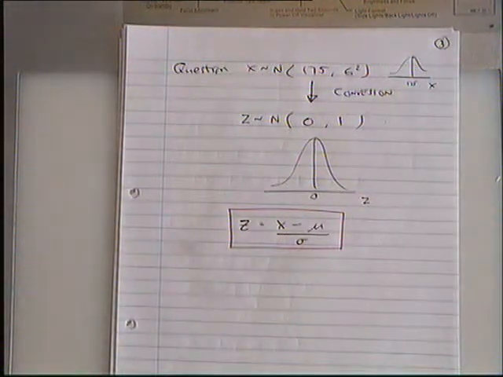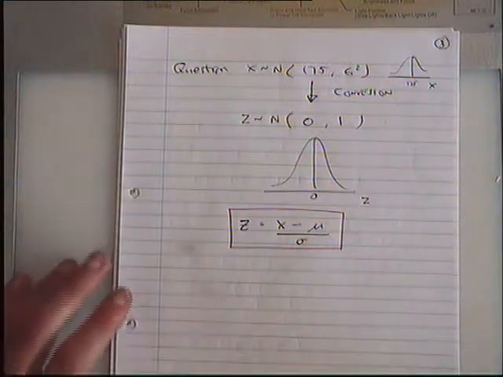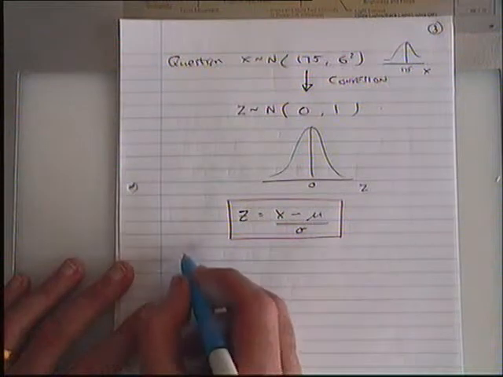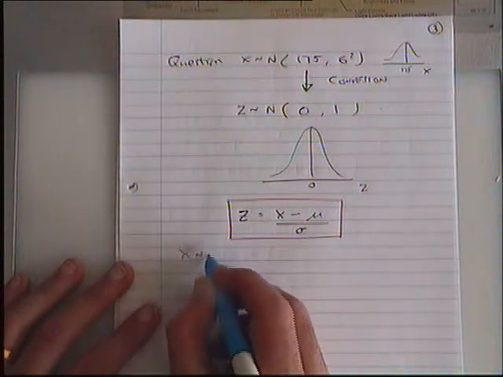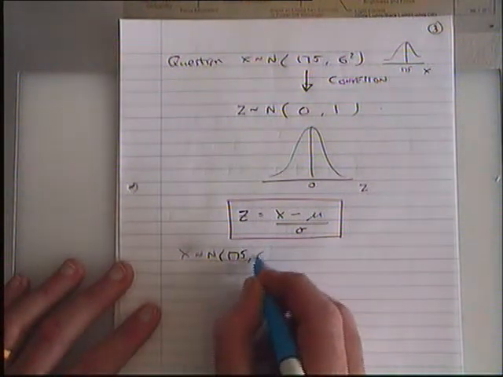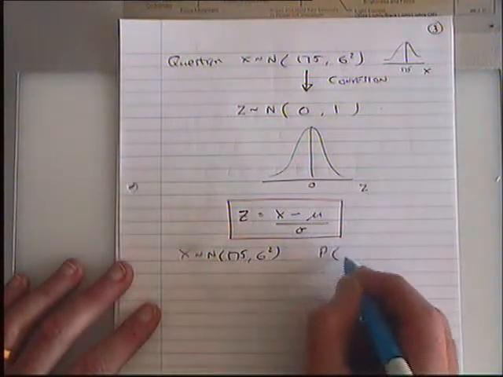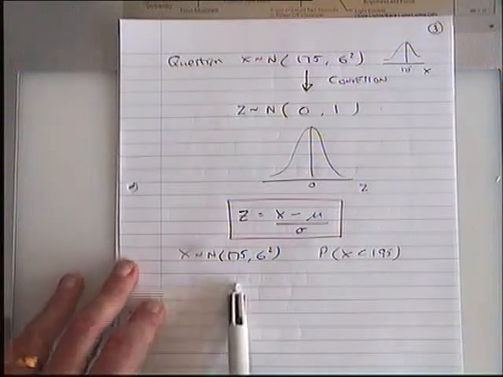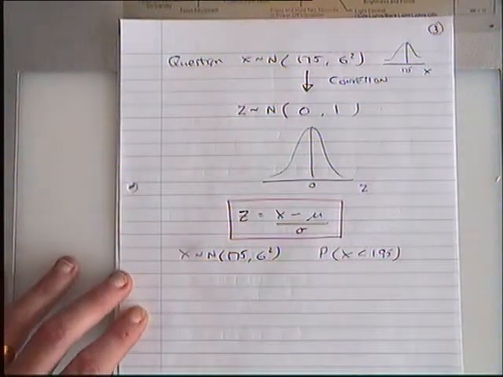So if we keep going with this, find the probability somebody is smaller than Alex, I'm just going to write down the basics here again. We had this distribution, and we were asked to find the probability that somebody was smaller than Alex. That's our distribution, that's our question.